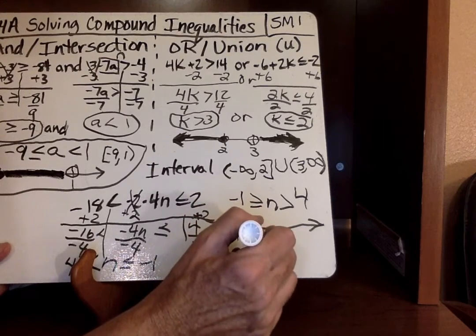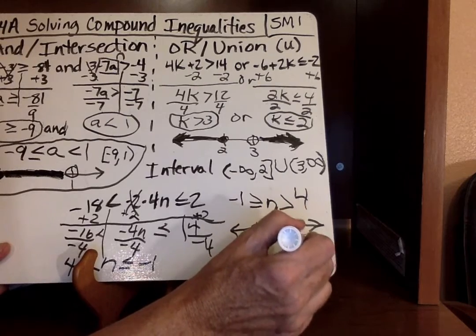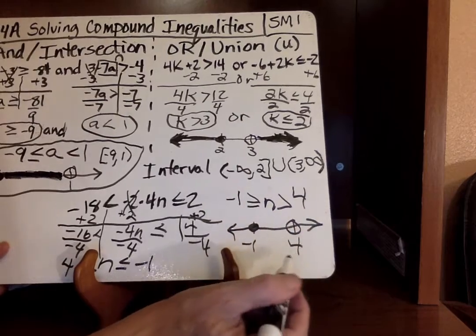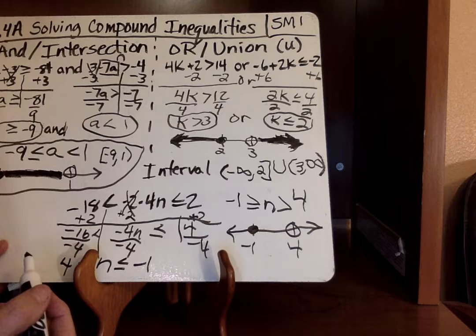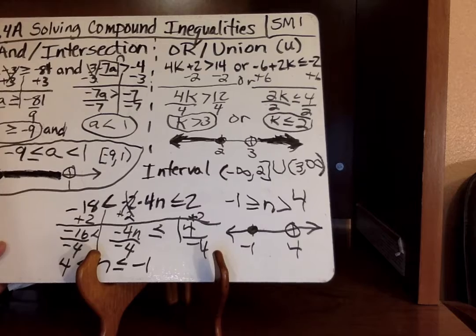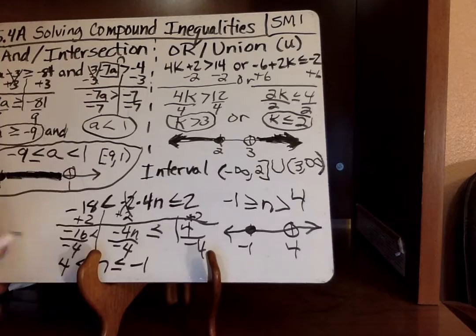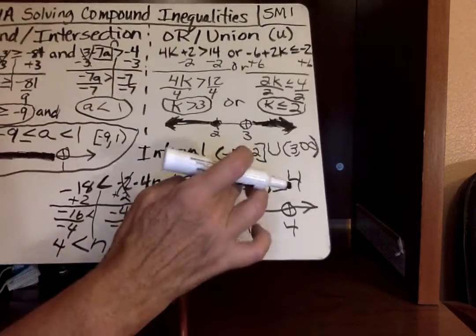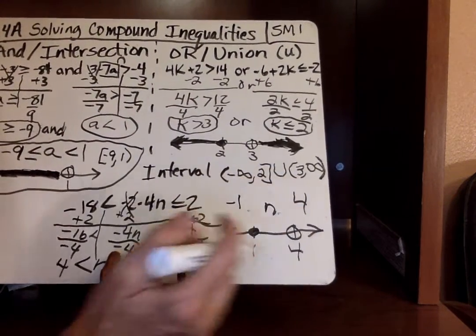Negative 1 is right here, and it's a closed dot. 4 is going to be over here, open dot. And we're going to be shading in between. No, wait a minute. Negative 1 is greater than or equal to n. Okay, no, I rewrote it incorrectly here. So this should be, I apologize.